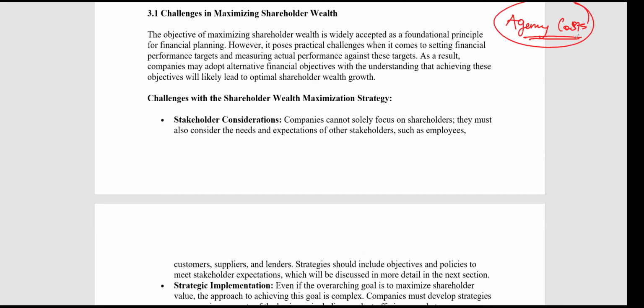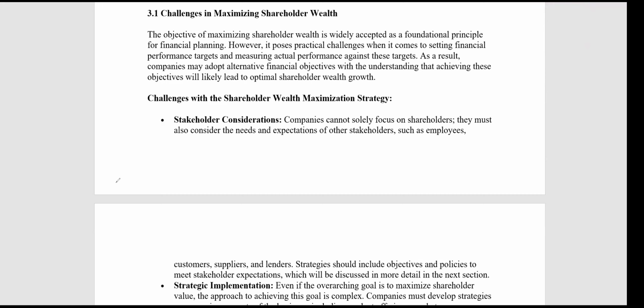Because if managers are not doing the right thing, there will be a lot of agency costs, like costs to monitor them, such as audits, and costs for incentives. And this cannot maximize shareholder wealth because you are spending excess amounts that could have been used to maximize shareholder wealth. Does that make sense to everyone?